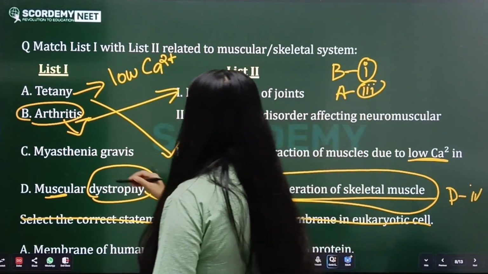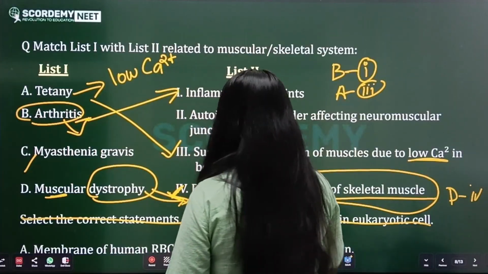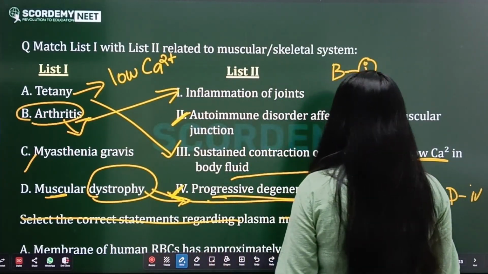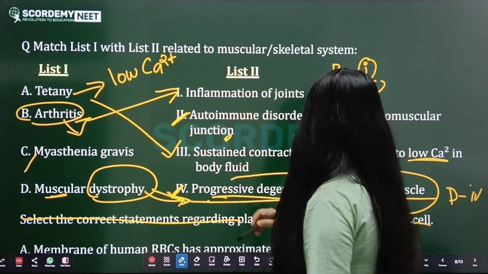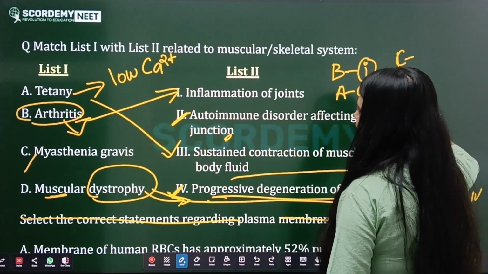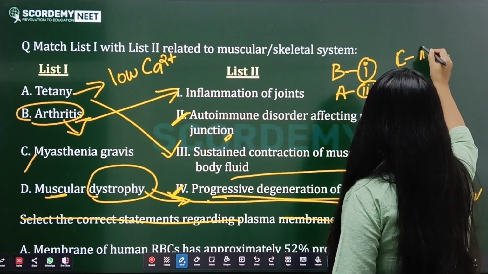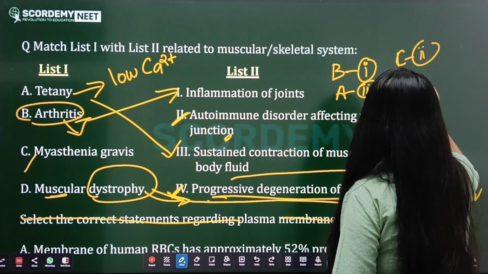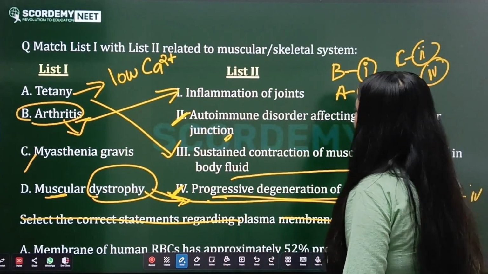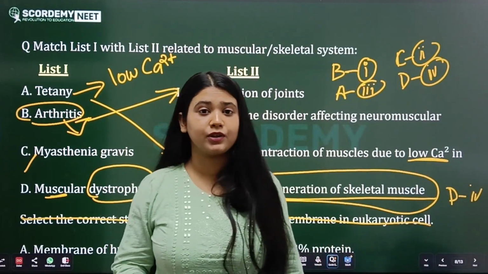Now we are left with myasthenia gravis, which is option number 2, an autoimmune disorder affecting the neuromuscular junction. So C will be option 2 and D is option 4.